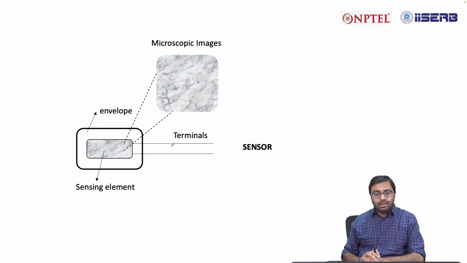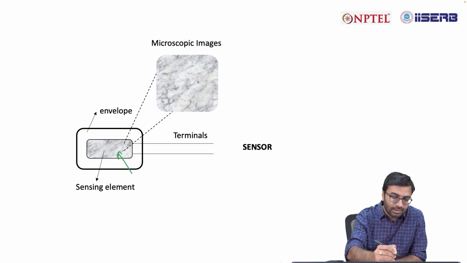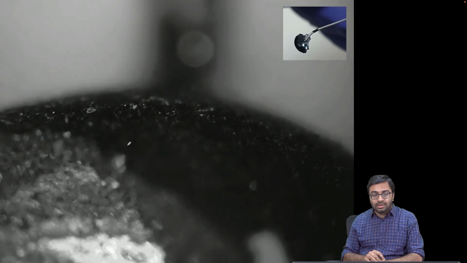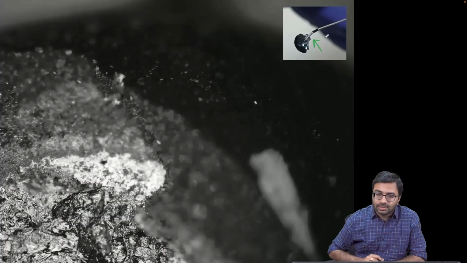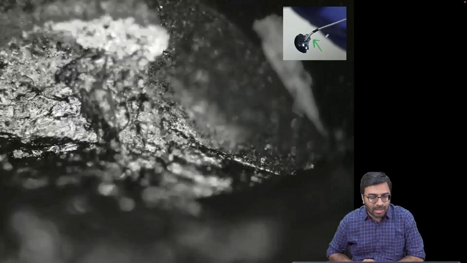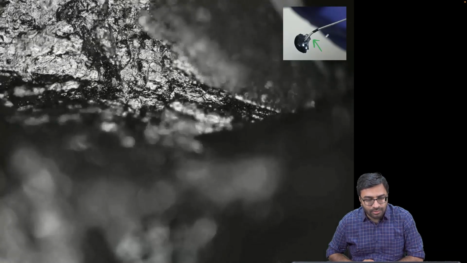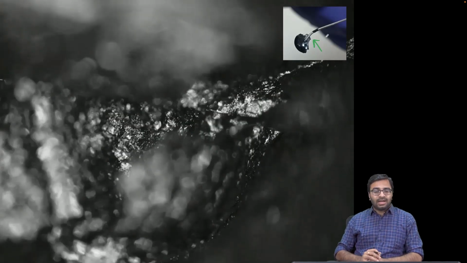Similarly, if you want to see how the sensing element inside the sensor looks, we can take a microscopic image. So what I have done is I have put this thermistor under a microscope and tried to focus on different areas of the sensor. Now in the video itself you can see that there are different shiny parts.